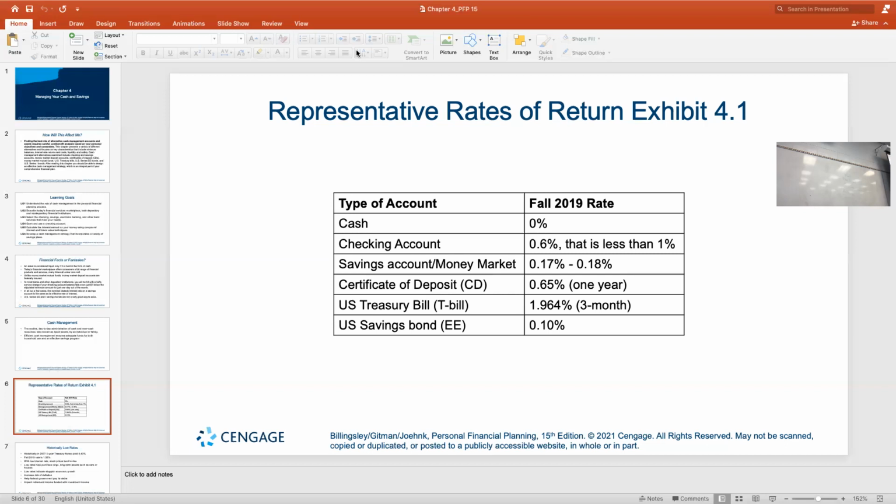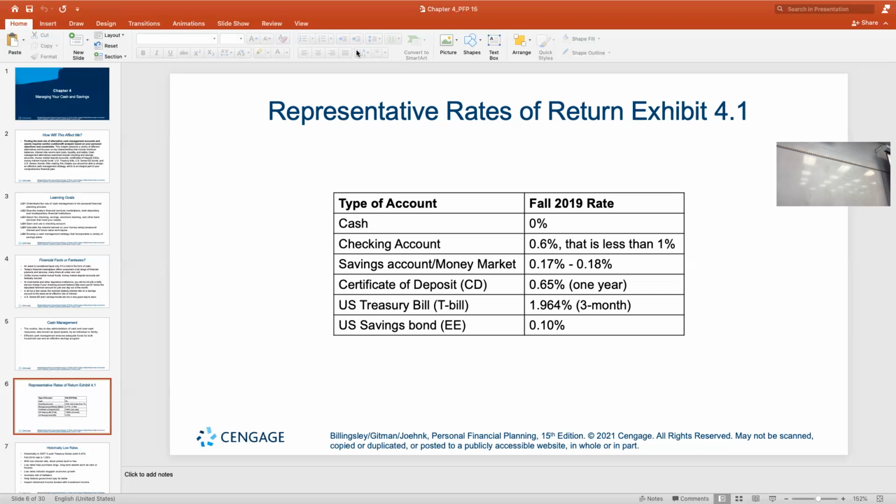Now, you can Google CD rates. CDs are certificates of deposit. The way a CD works is you can buy them in 6 month increments, 1 year, 2 years, 3 years, 4 years, or 5 years. If you cash in a CD early, you lose all that interest.